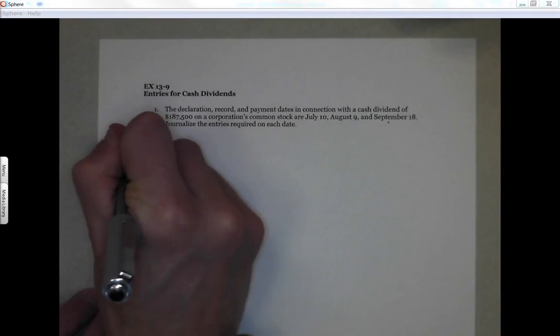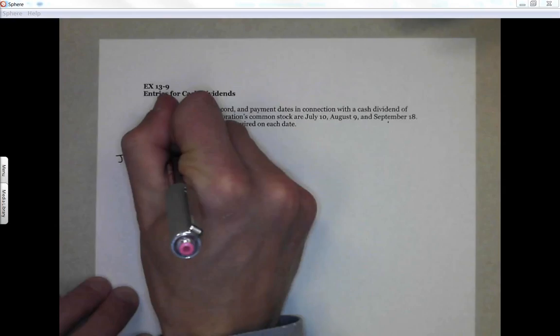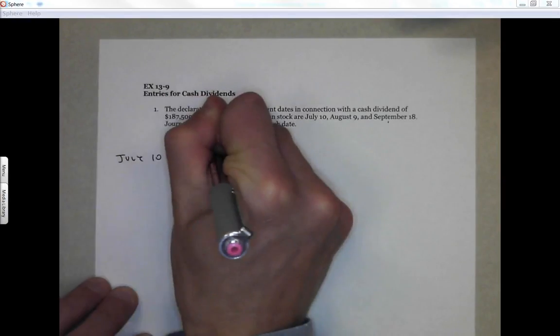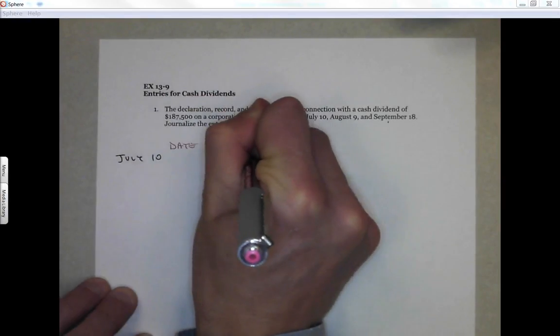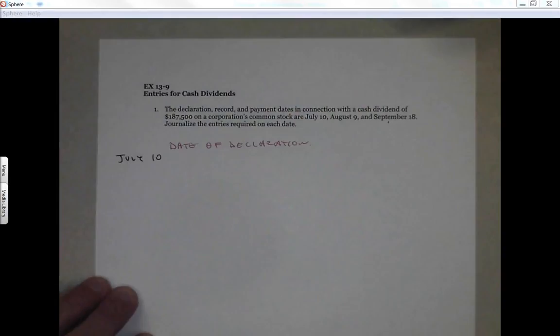So July 10th, that's the date of declaration. As soon as the board votes that they're going to issue a dividend, now it becomes a payable. It becomes something that has to happen. They've declared it, they voted on it, it's done.